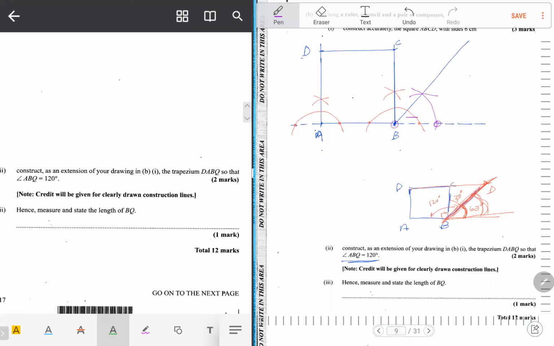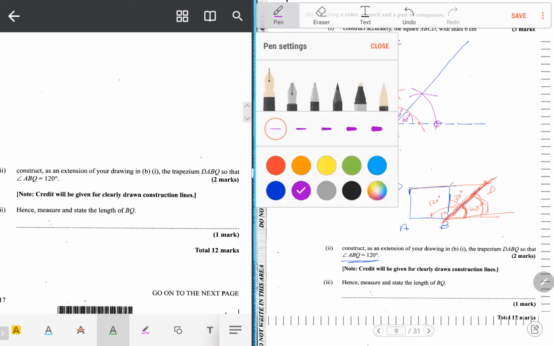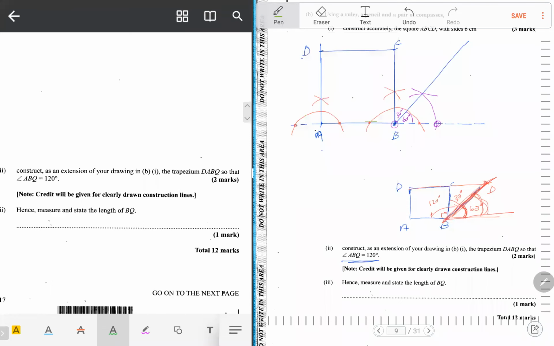This angle is going to be 60 degrees inside here. So this angle here is going to be 30 degrees inside here. And so the whole angle that they wanted, let's use a green. The angle from here to here now is going to be the 120 degrees that they wanted.